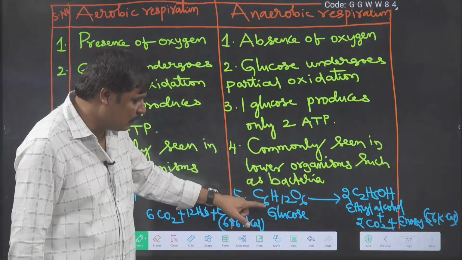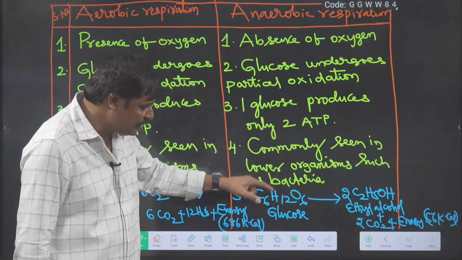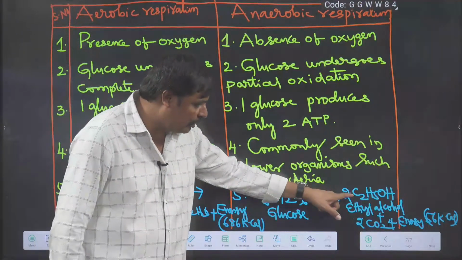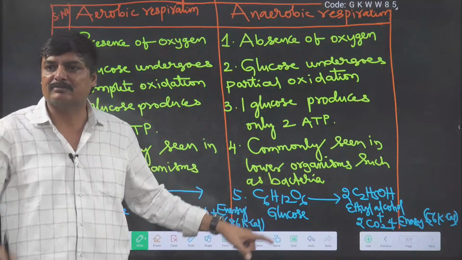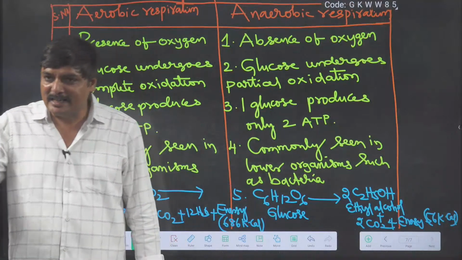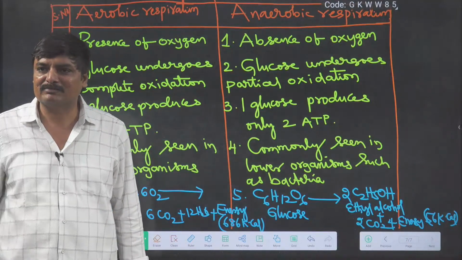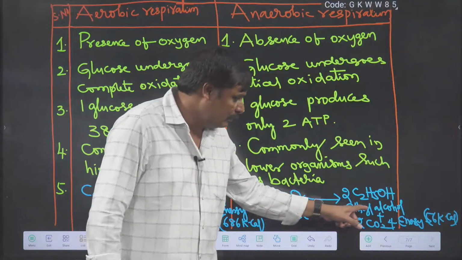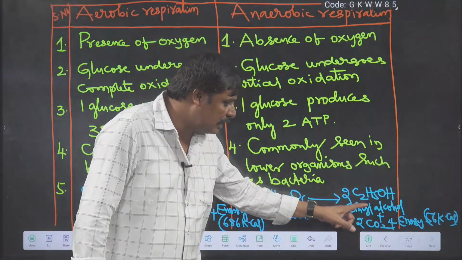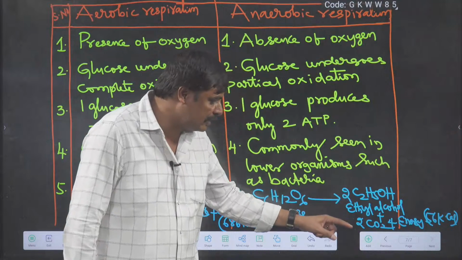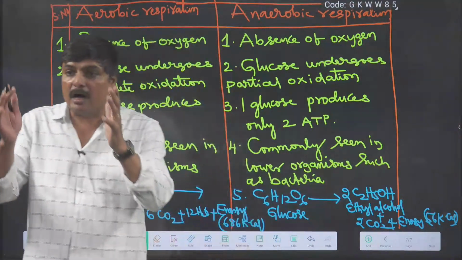Glucose undergoes incomplete or partial oxidation and forms ethyl alcohol, because this is alcoholic fermentation. Okay? Plus carbon dioxide. So ethyl alcohol plus carbon dioxide plus energy are the products.